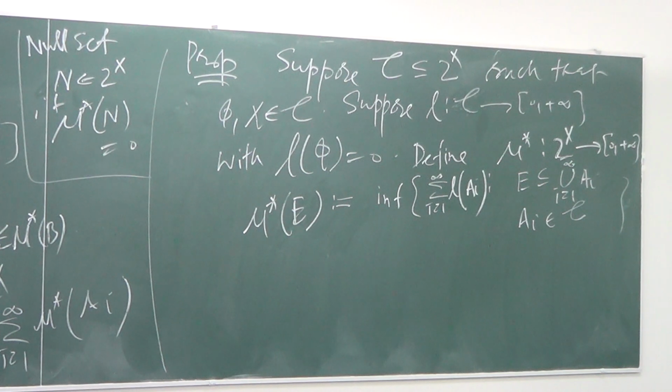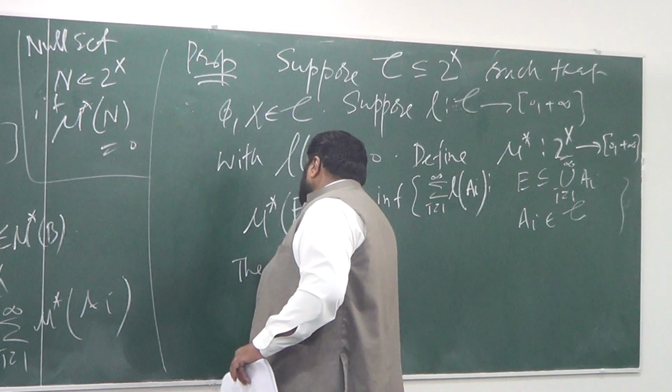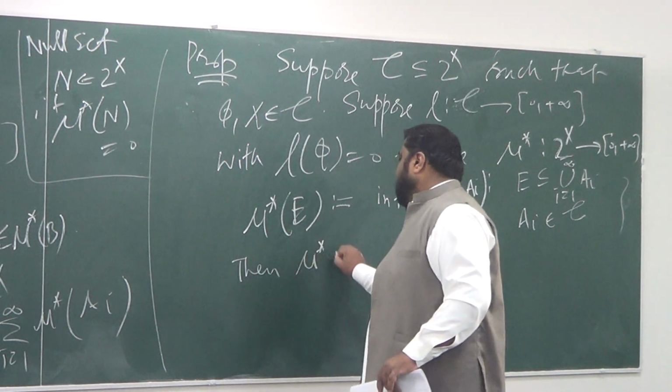It makes sense intuitively. You had some notion of length, and using it you are extending and defining a notion for everything. Then what we can prove is that mu star is an outer measure.